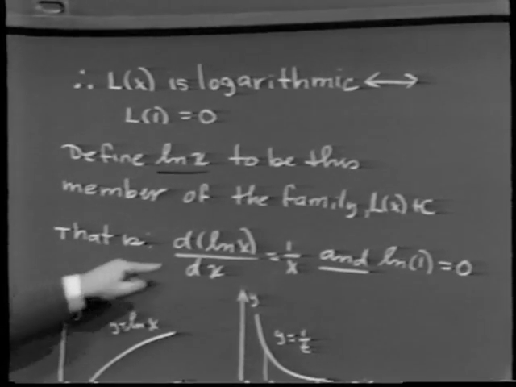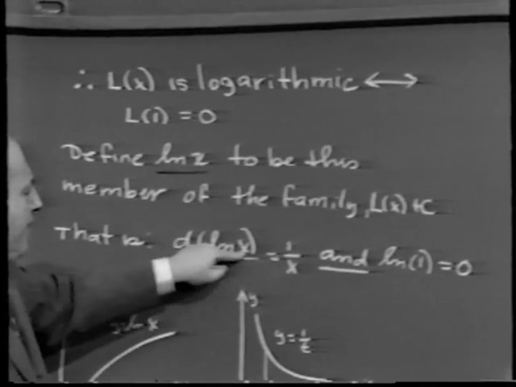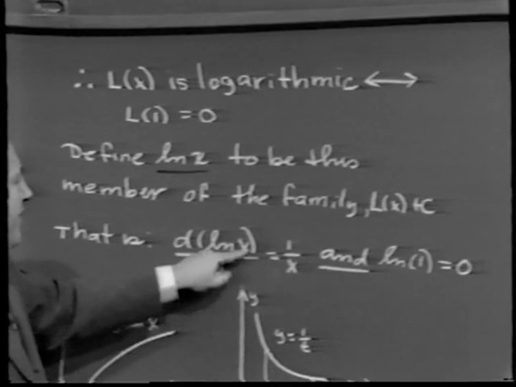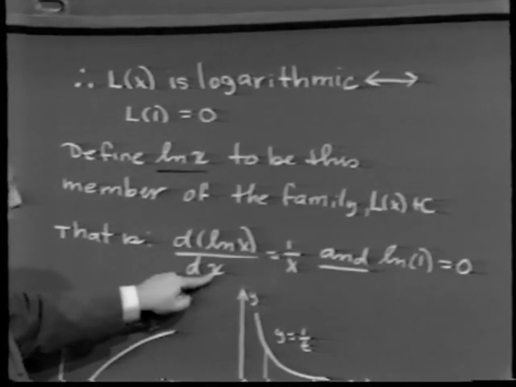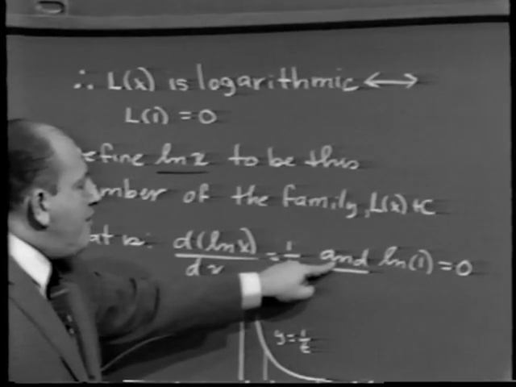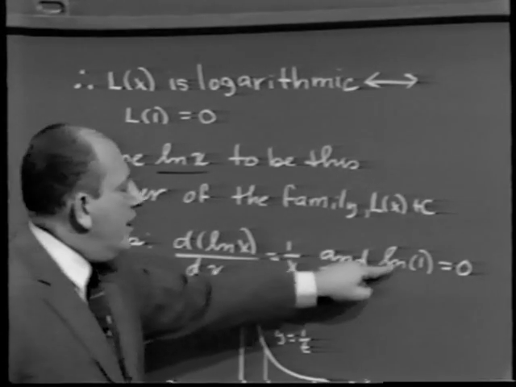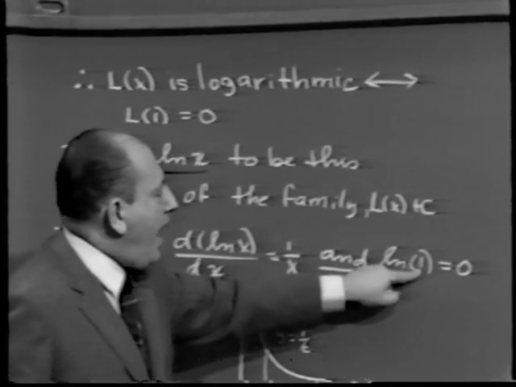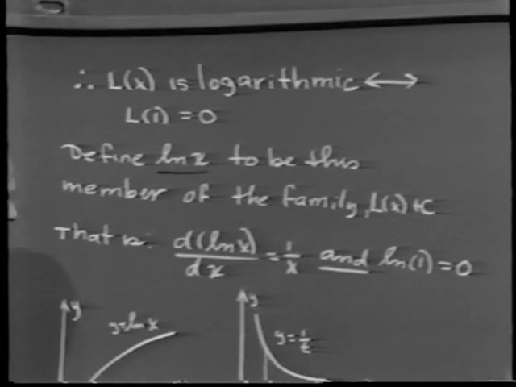In essence, then, what is ln of x? I'll call it natural log. It's easier for me to say. The natural log of x is that function whose derivative with respect to x is 1 over x, and characterized by the fact that if the input is 1, the output is 0. In other words, the graph passes through the point 1, 0.